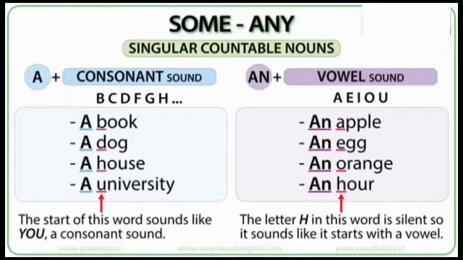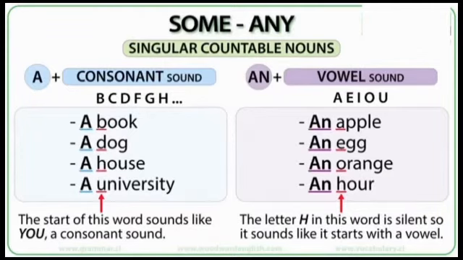The start of the word university sounds like U, a consonant sound. An is used when the next word starts with a vowel sound, like an apple, an egg, an orange, an hour. The letter H in this word is silent, so it sounds like it starts with a vowel.